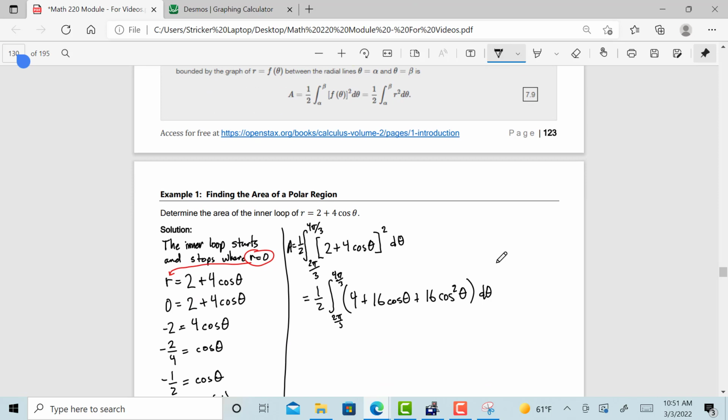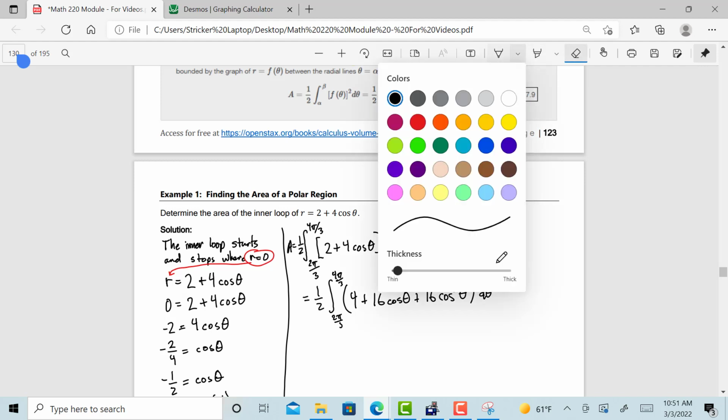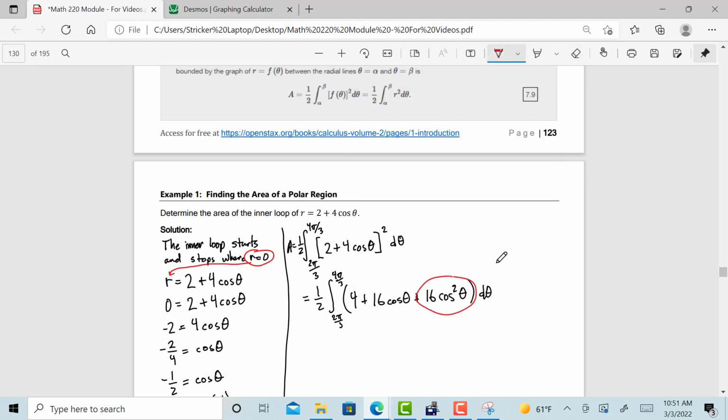In order to get this part, you have to use stuff that we did in the trig integrals, section 3.2. So make sure you go back and review section 3.2 if you don't know how to deal with cosine squared. Again, I'm going to post the full solution to this in your notes.